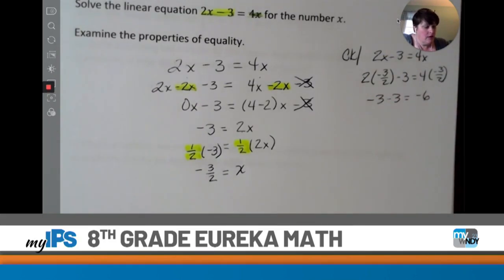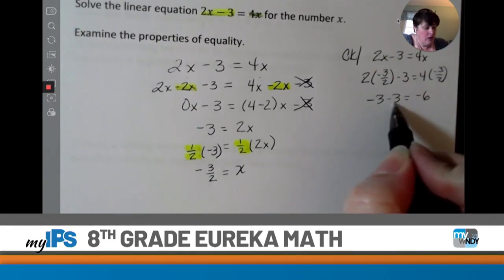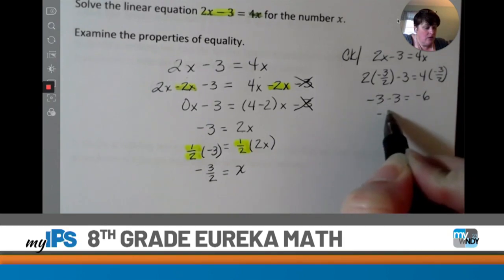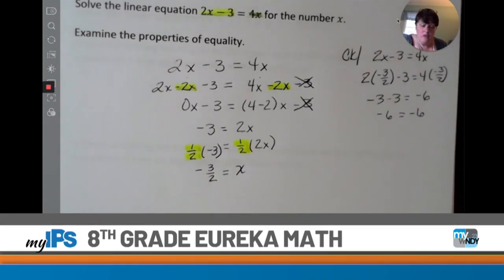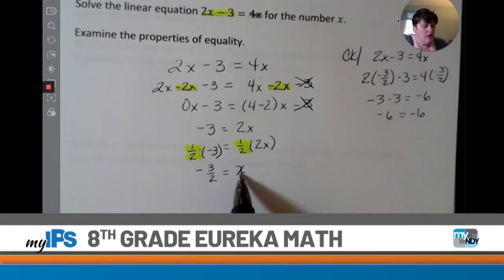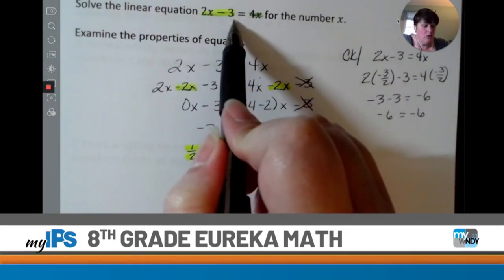All right, -3 minus 3 is going to be -6, is equal to -6. Are they equivalent expressions? Yes, they are. They're the same. That means we did the problem correctly. That means that x equal to -3/2 is a value that satisfies the equation 2x minus 3 equals 4x.